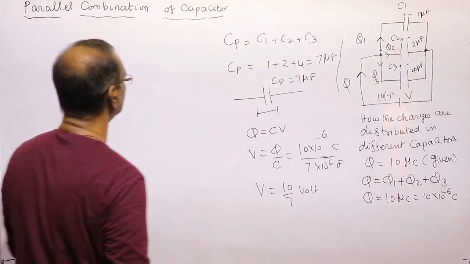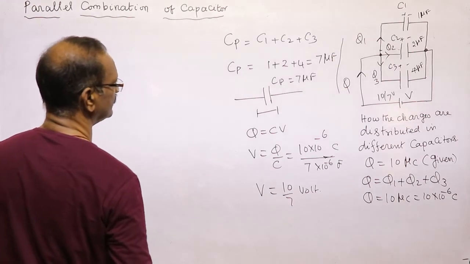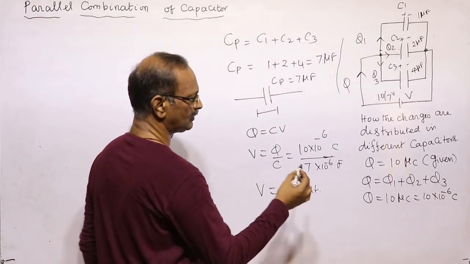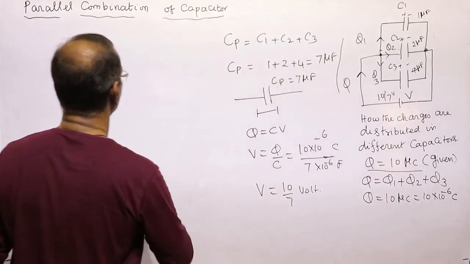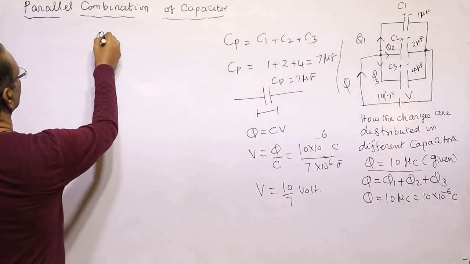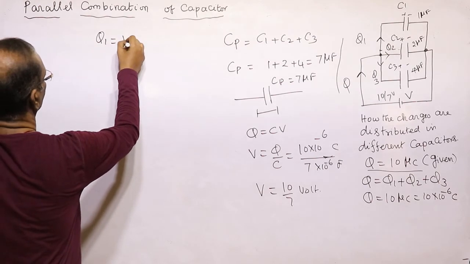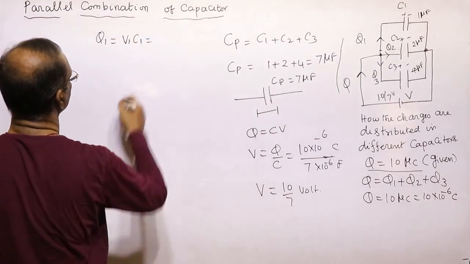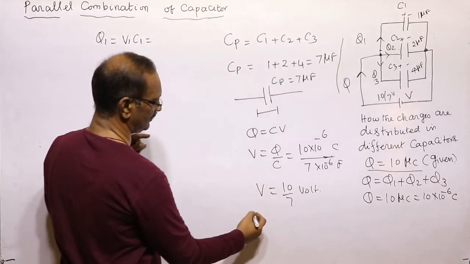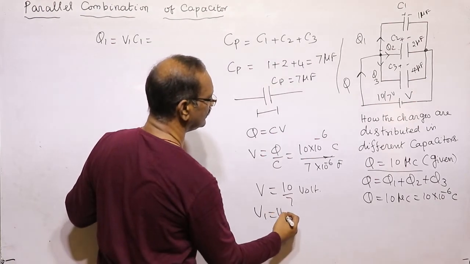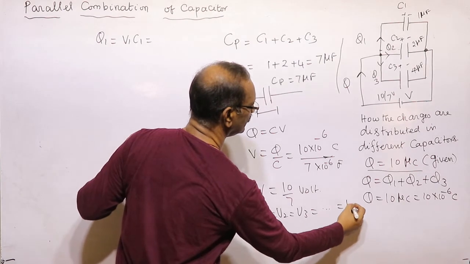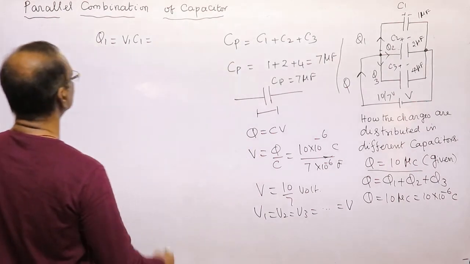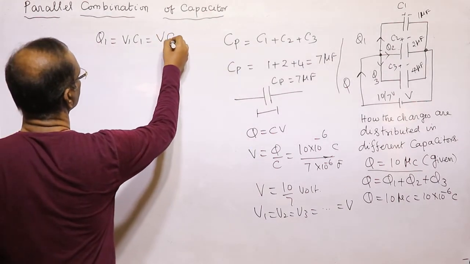Now what he is asking is the charge in each capacitor. He has given the total charge on the 3 capacitors. We know Q1 is equal to V1 into C1. Since in parallel V1 is equal to V2 is equal to V3, which is equal to V, this is V into C1.